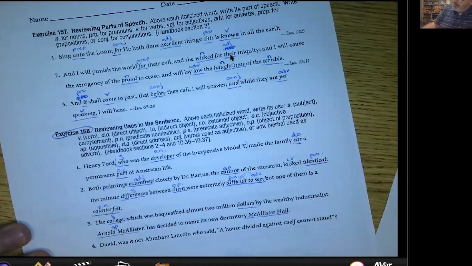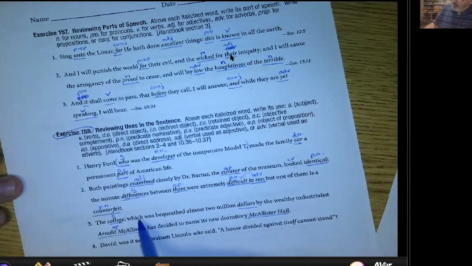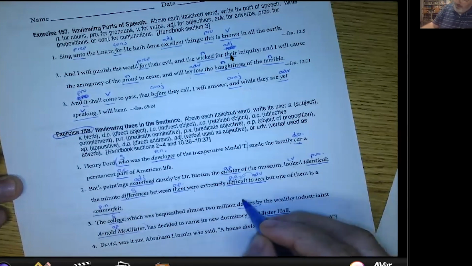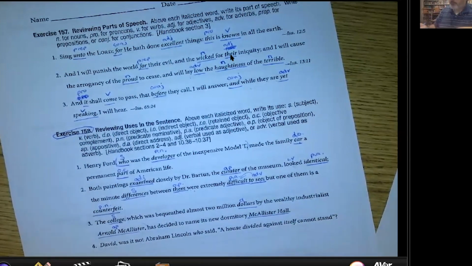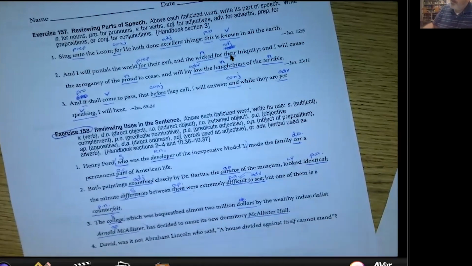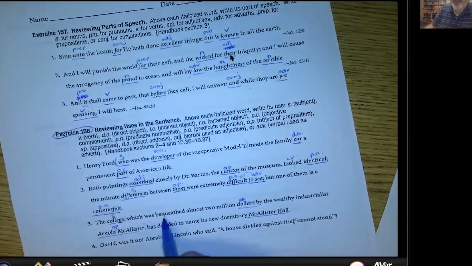Okay. Now go back to dollars. Which is a pronoun, that's the subject. Was bequeathed is the verb. What was he bequeathed? Dollars. Was bequeathed is an action verb, that should be a direct object. Oh, it's not. It's not a direct object. It would be if this was active voice, then dollars were what was bequeathed.